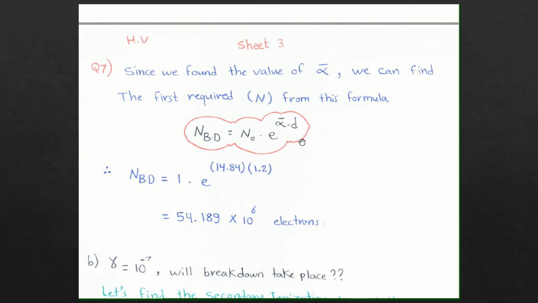So we only need to substitute the values in this formula. When we substitute and use our calculator, we get the answer as 54.189 times 10 to the power 6 electrons. So now we have finished the first required in question 7.